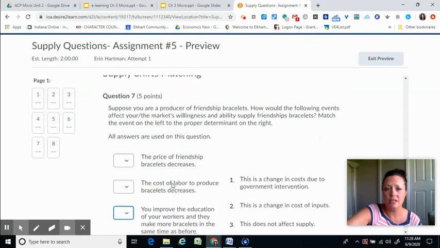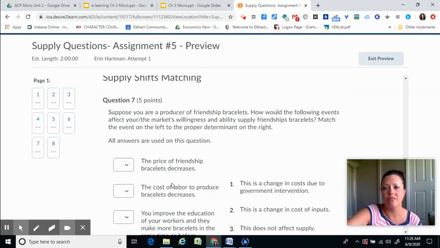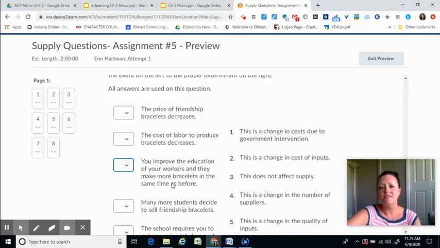On question number 7, I want to cover this one as well. It says, suppose you are a producer of friendship bracelets. How would the following events affect your or the market's willingness and ability to supply friendship bracelets? Match the event on the left with the proper determinant on the right. So keep looking at this first one. The price of friendship bracelets decreases.